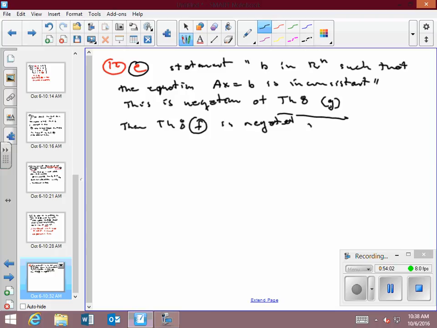And that statement says the linear transformation is one-to-one.